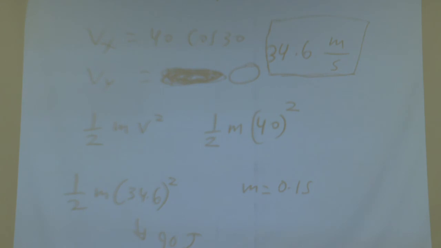If we wanted, we could pretty easily also find the initial energy and find the change in energy. But the question didn't ask us to do it, so I didn't do that. That one was pretty simple. Does anyone have any questions about that? No, okay. I didn't think so.